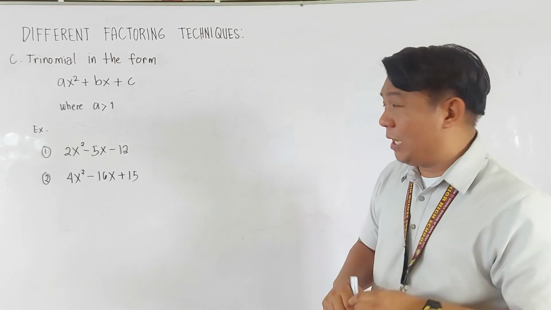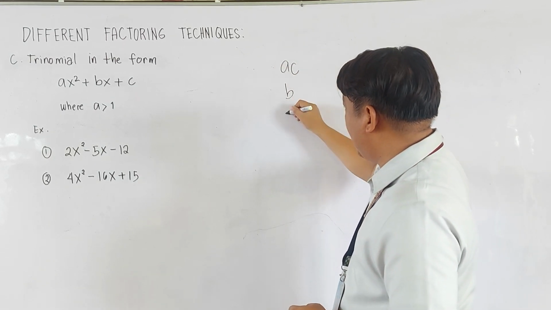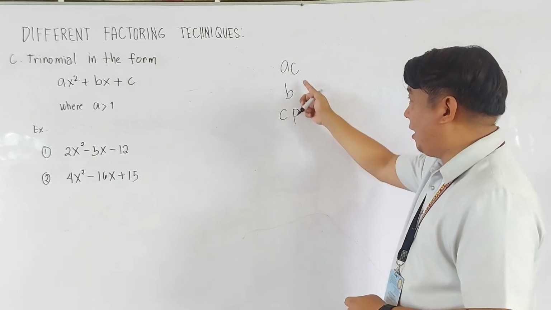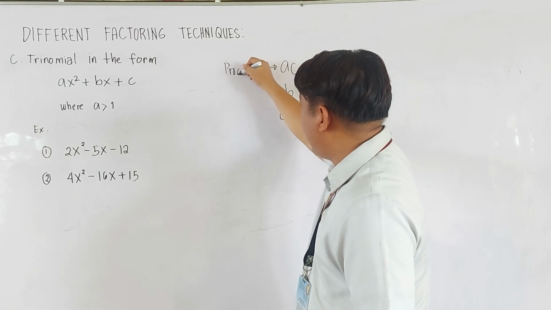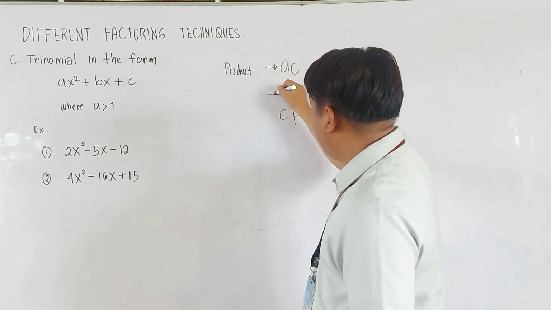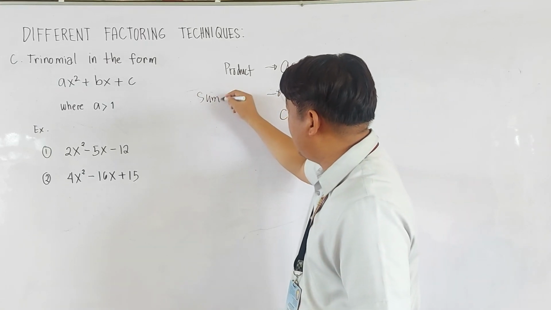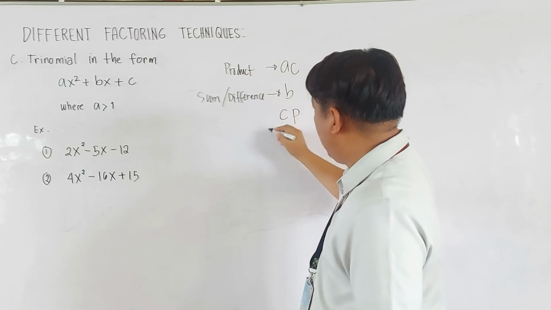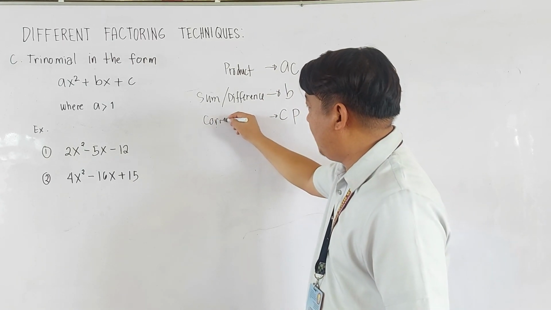So, ang tawag ko sa method na to ay AC, B, and CP method. Okay? So, our AC is product, and our B either sum or difference, and our CP is the correct pair.